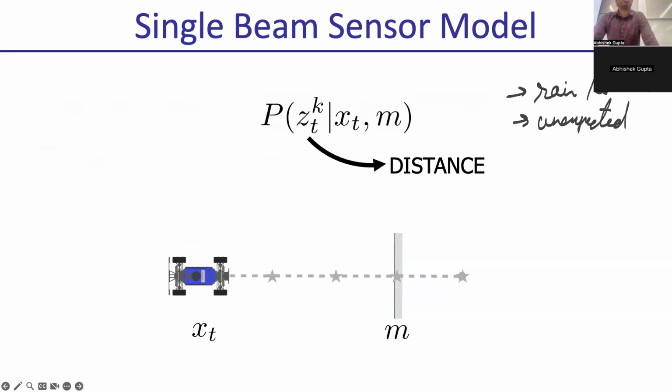Other factors we didn't consider. I'm not sure, but if the obstacle reflects the other direction. So the obstacle moves or something like that?